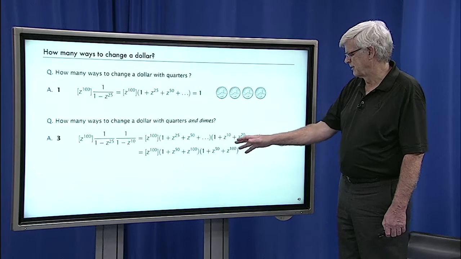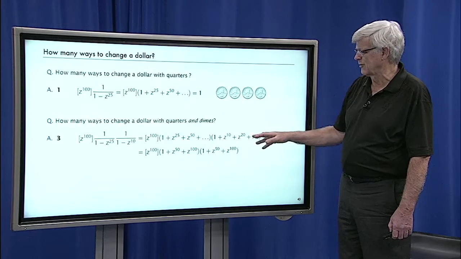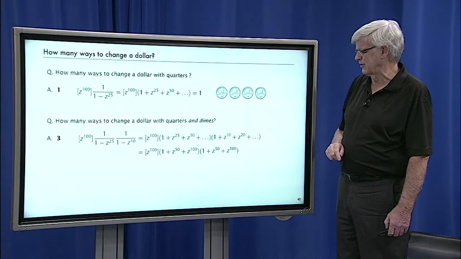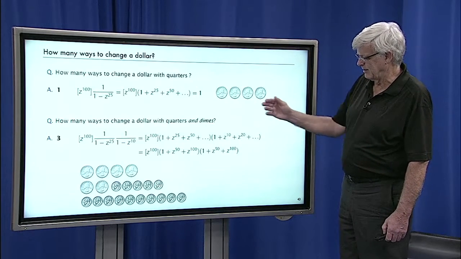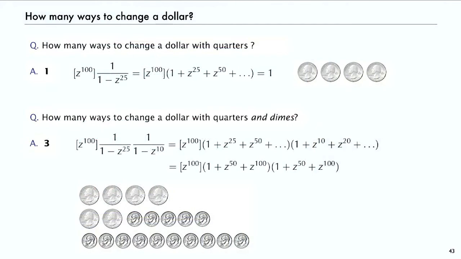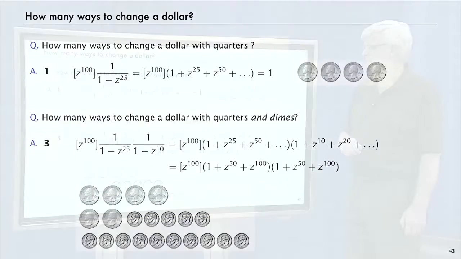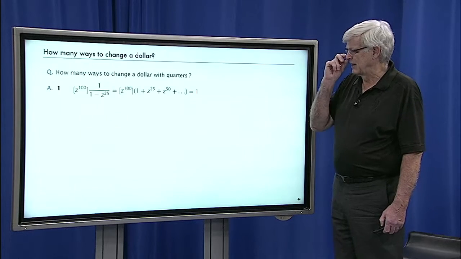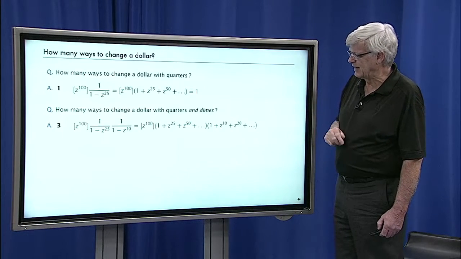In fact, you can just throw out the irrelevant terms if you're just looking for the coefficient of z to the 100, and then you get the 3 different ways. That's how many different ways to change a dollar with quarters and dimes: either 4 quarters, 2 quarters and 5 dimes, or 10 dimes.